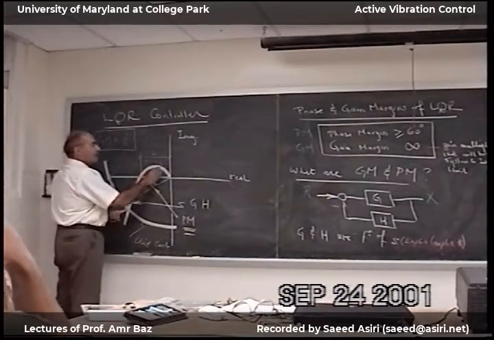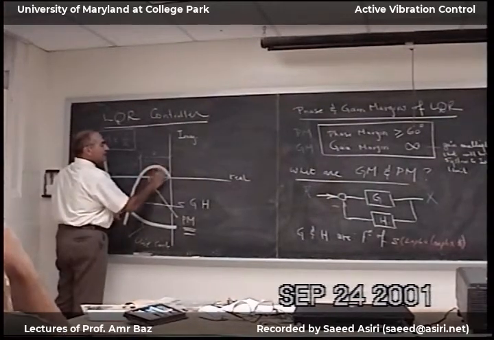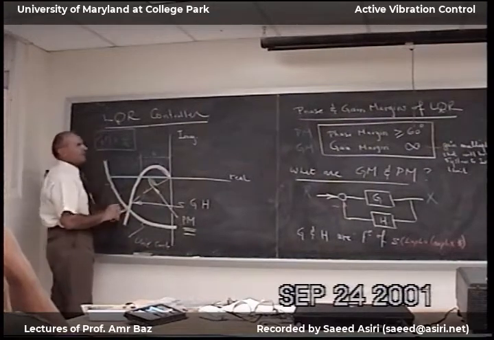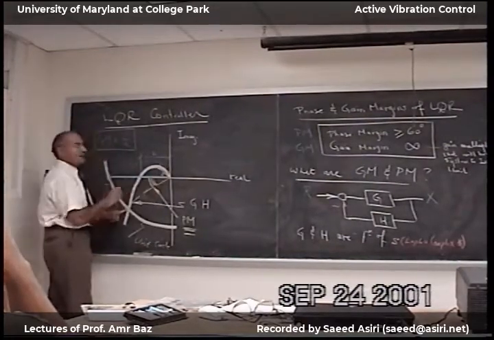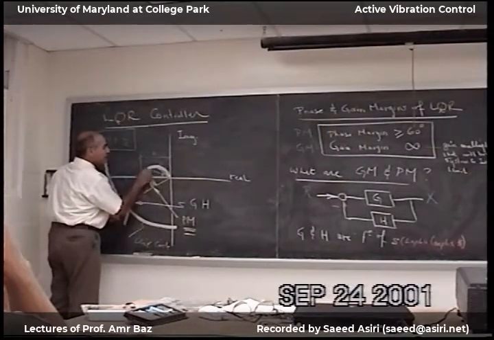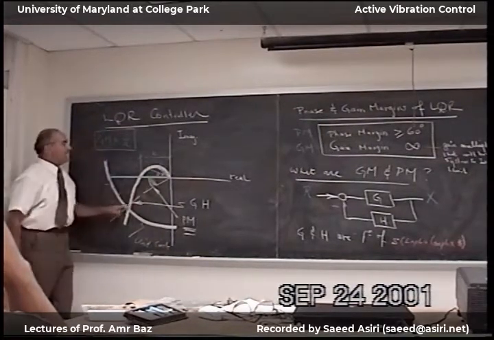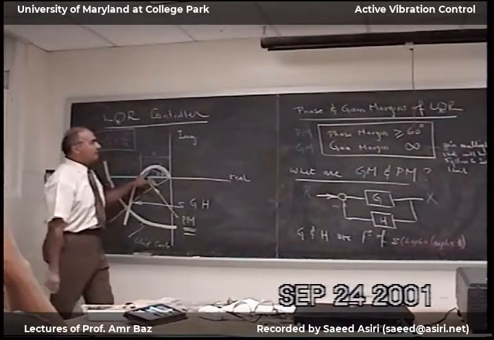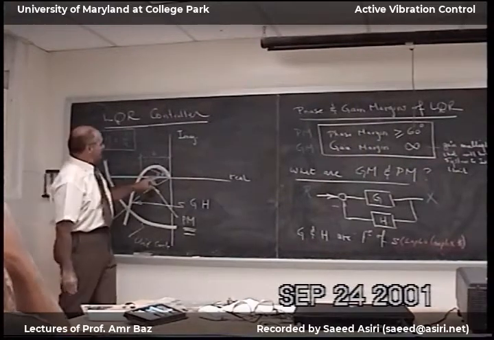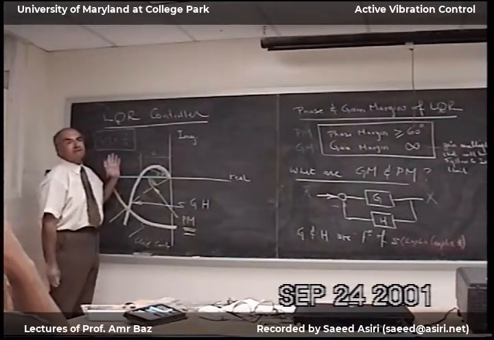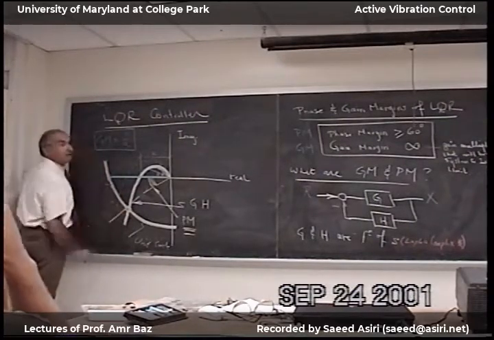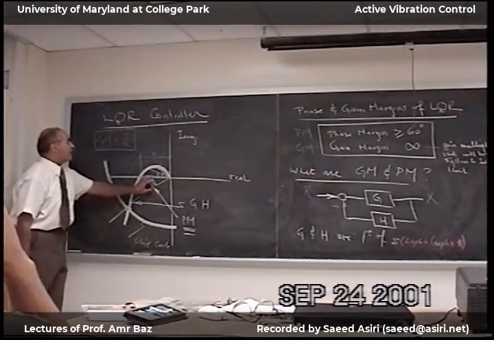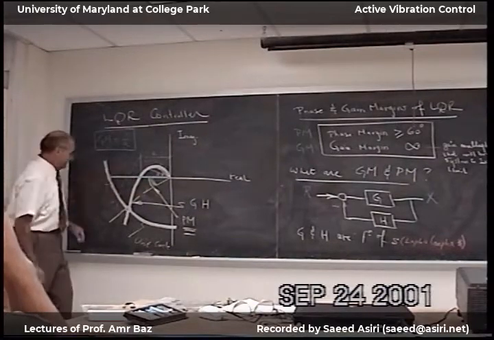If I am at this location, this is my phase angle, and the phase angle is defined between the real and imaginary parts of GH. So this is my operating point, and this would be how far I am from just becoming unstable.